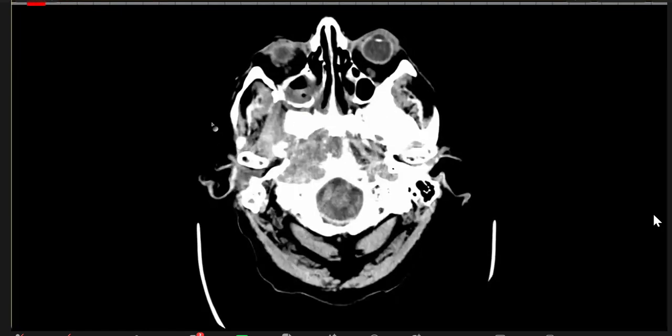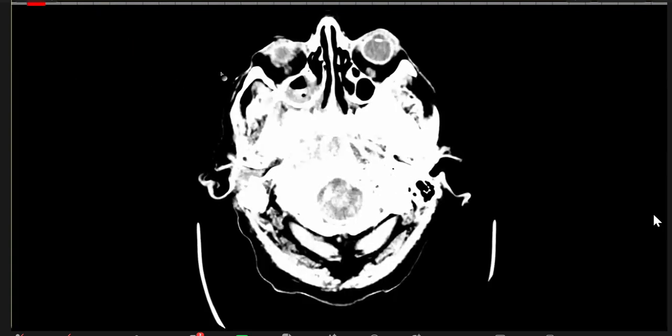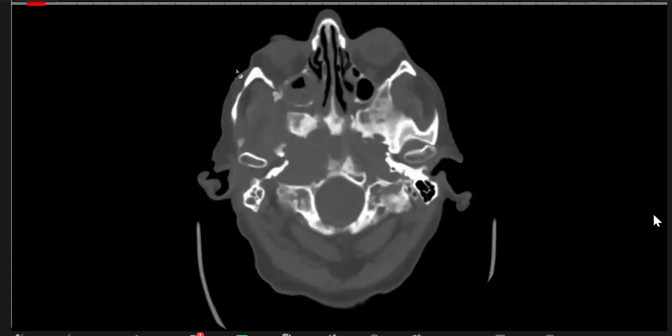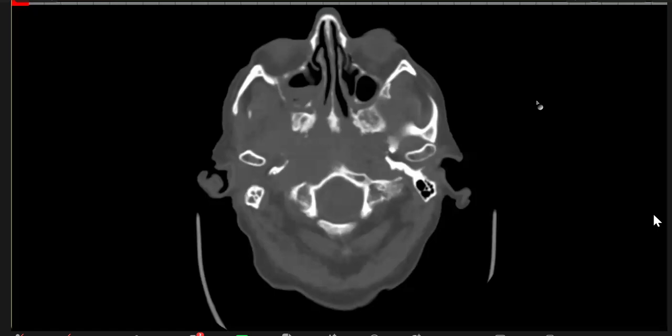So, madam, do you want to see the bone window? Yeah, please. Here you are. So there is extensive erosion. Sorry, I cannot scroll.